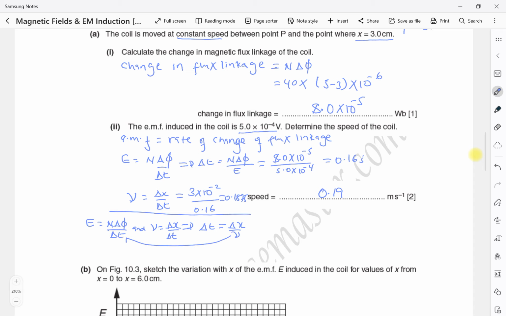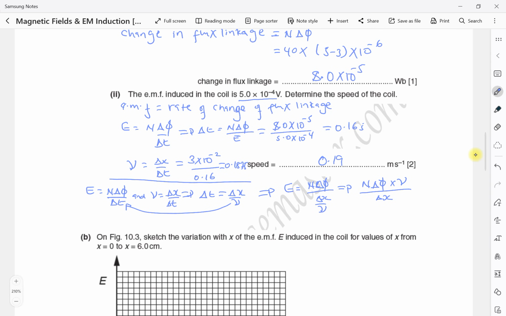Then EMF is equal to N change in flux times v, divided by change in x. And here you can make v the subject. V is going to be equal to E times x divided by N change in flux.